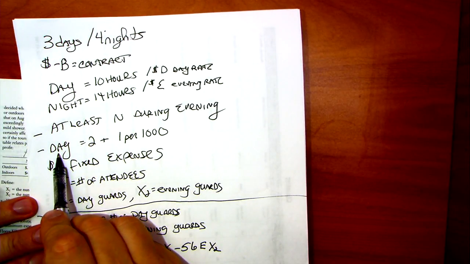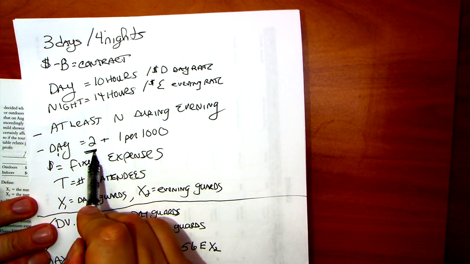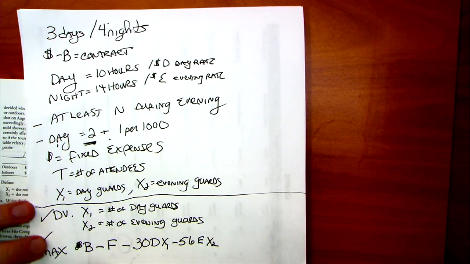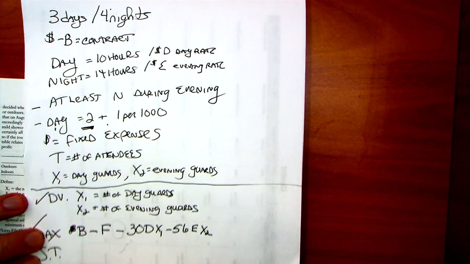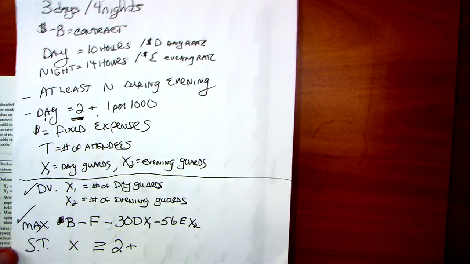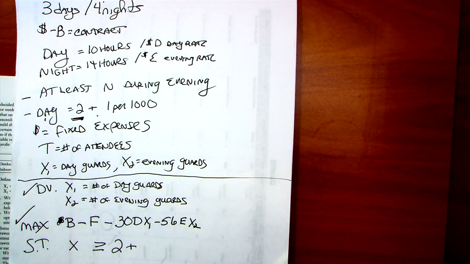Right, because up here you remember it says, hey, during the day we need 2 at a minimum plus 1 for every 1,000, right? Yes. So that's a constraint. That's something we have to have. So we're going to say x1 has to be greater than or equal to 2 plus, now this is where I have to think mathematically. If I have 1,000 attendees, how many extra guards do I need? One extra.